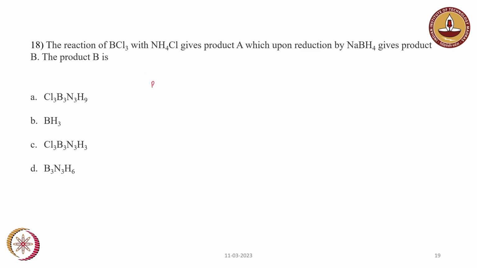BCl3 reacting with NH4Cl gives product A, which on reaction with sodium borohydride gives product B. BCl3 on reaction with ammonium chloride will give trichloroborazine: 3 BCl3 plus 3 ammonium chloride will give Cl3B3N3H3 and 9HCl. And this is product A.